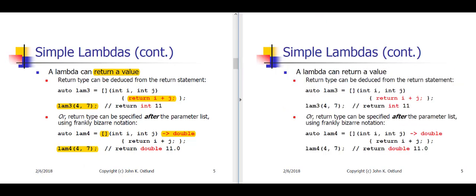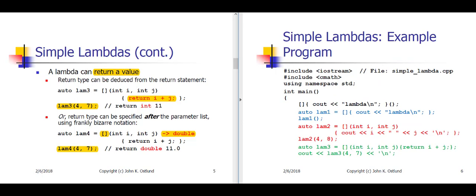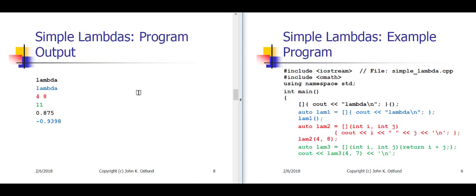Okay, so here on slide 6 and slide 7, we're going to take a look at some simple lambdas and their results when they're called. On slide 8, we will have the output produced by this program on slide 6 and 7.